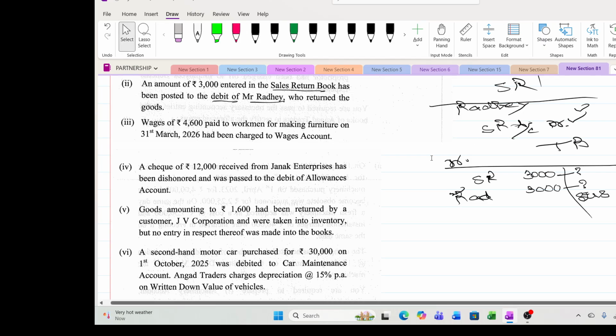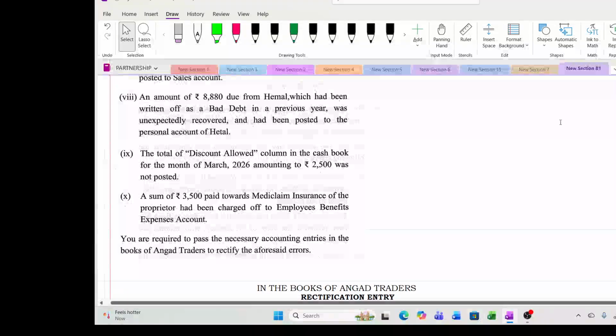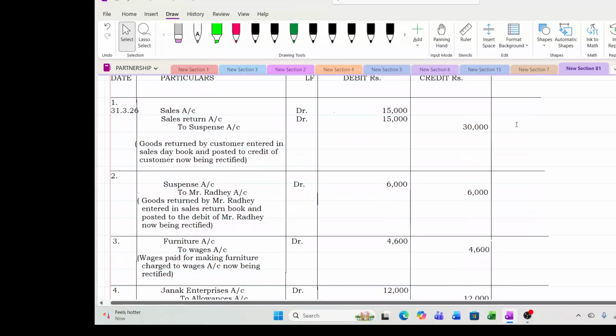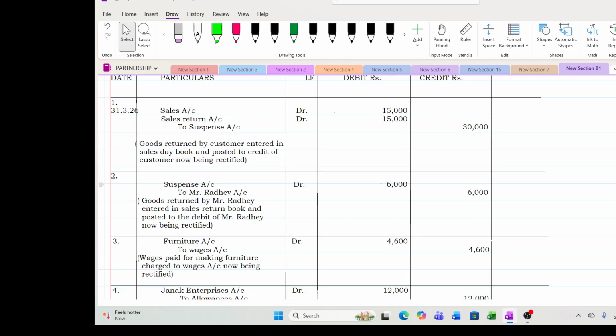Okay, hope it's clear. So now see the entries. So suspense account is debited. That's why I'm explaining you the trial balance, how this would appear in the trial balance. So now what is the rectification? Suspense is debited to Radhe account.